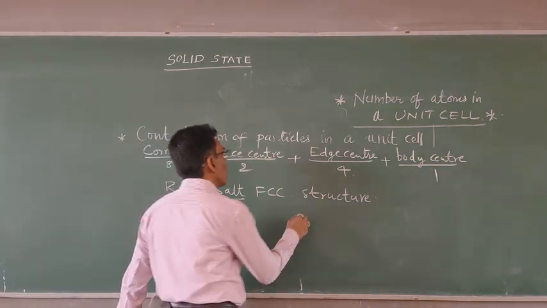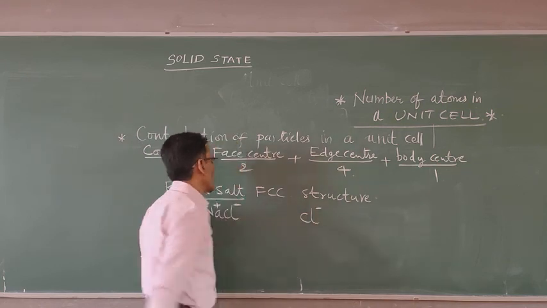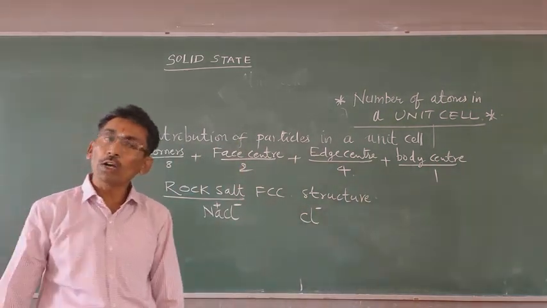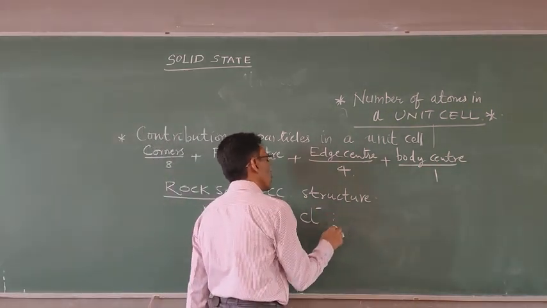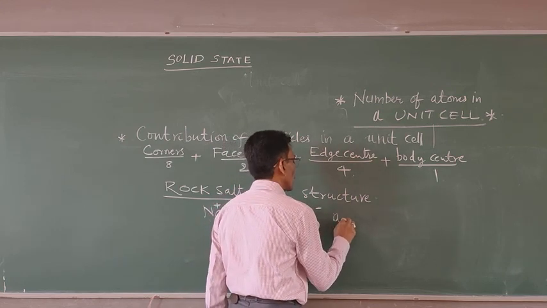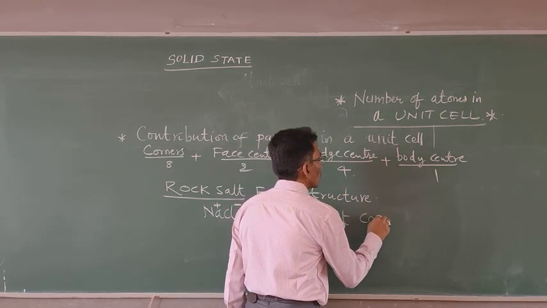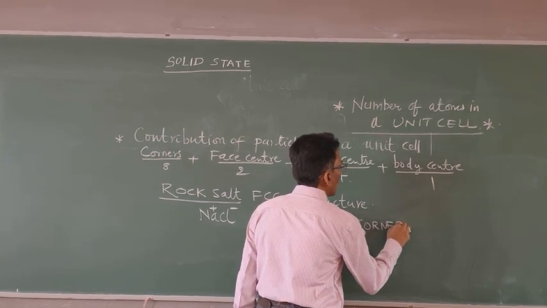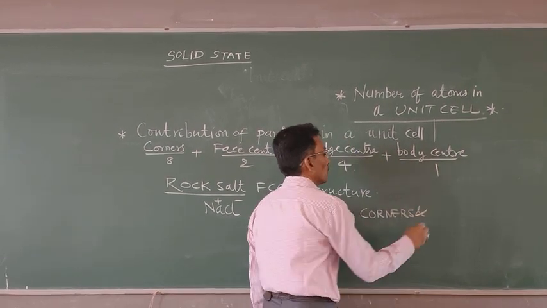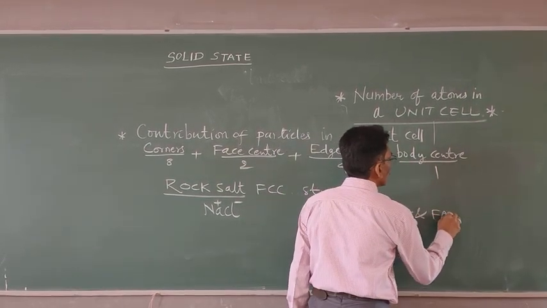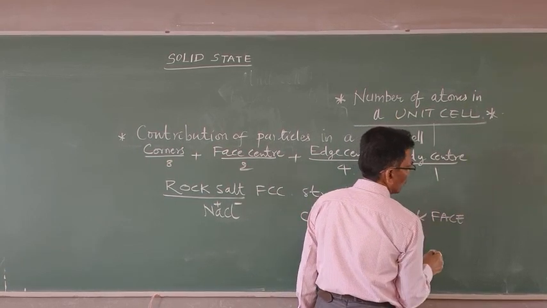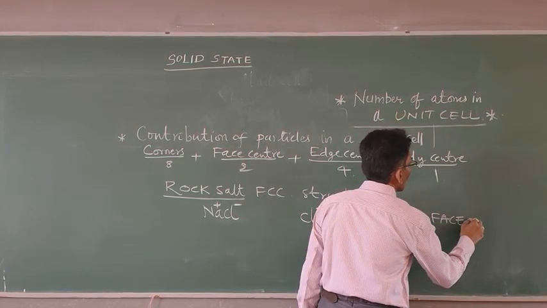So larger Cl minus ions are occupying corners of the cube, at corners of the cube as well as center of the face.